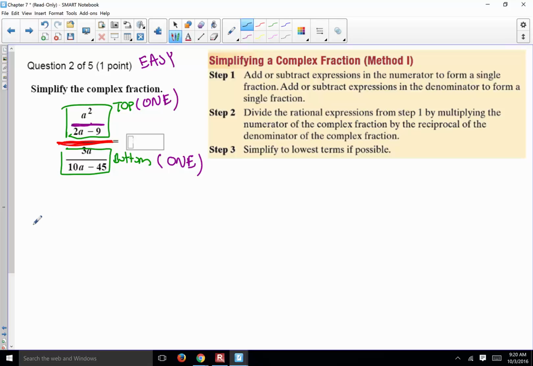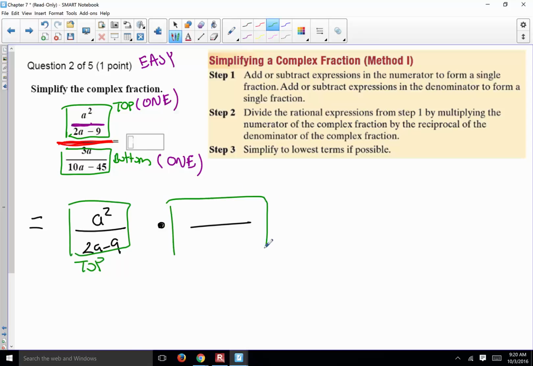So you can go immediately to the second stage, turn this into multiplication of top and bottom. Right?